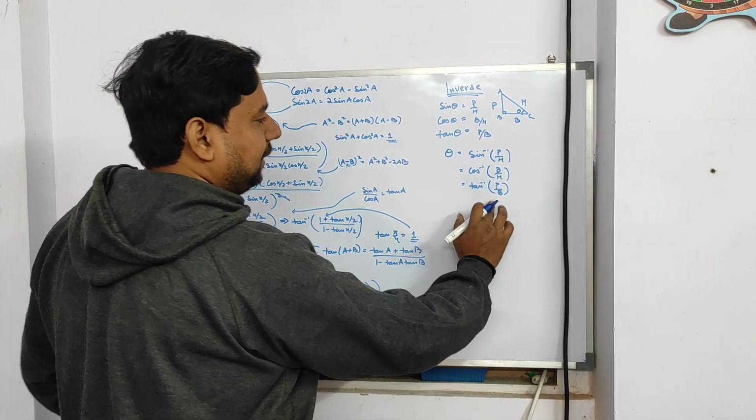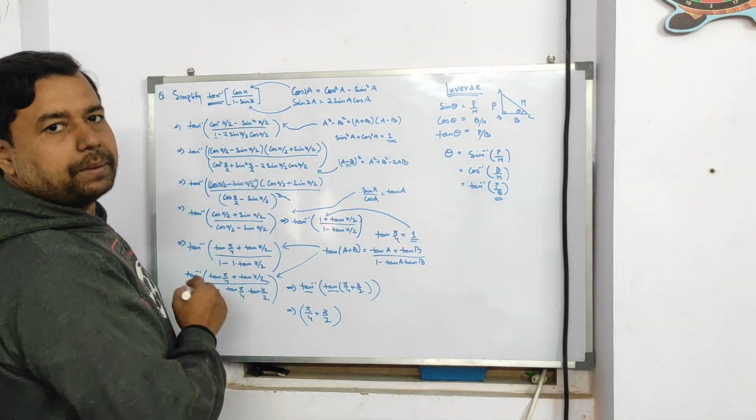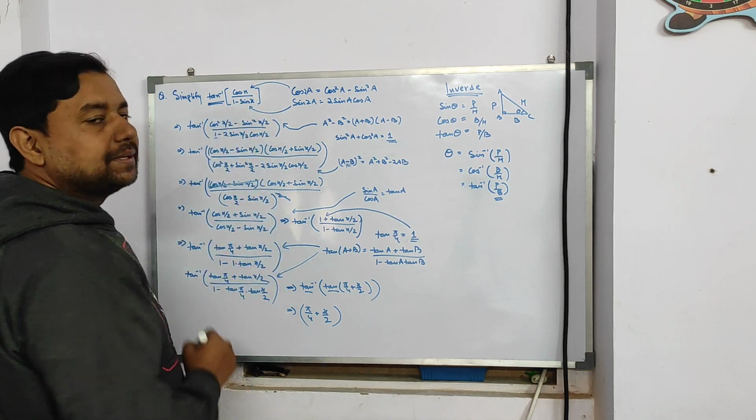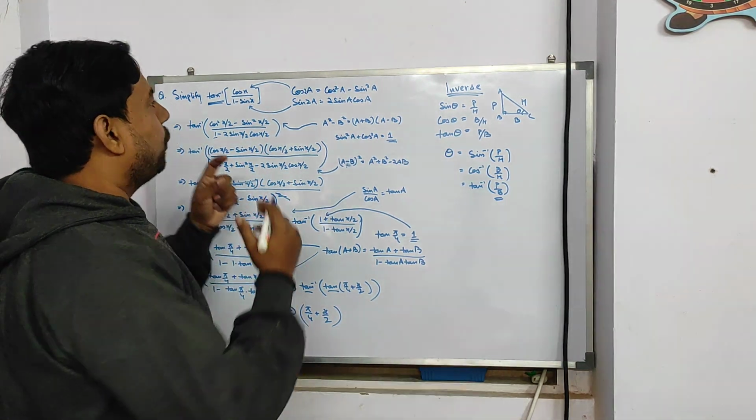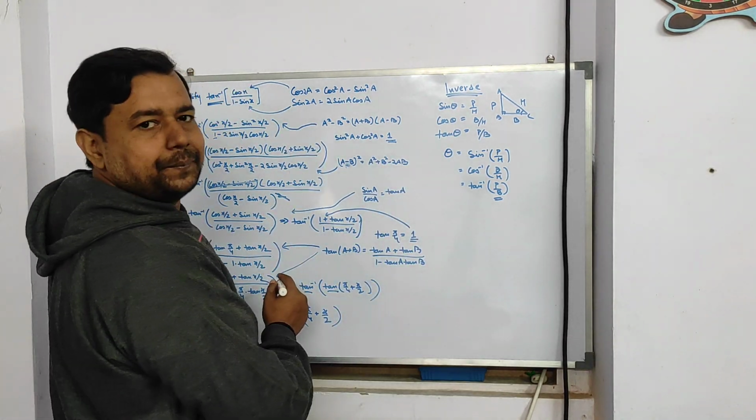Right. So in this problem, cos x is representing the perpendicular and 1 minus sin x is representing the base. So at what angle will this value come? So we have calculated. Okay.